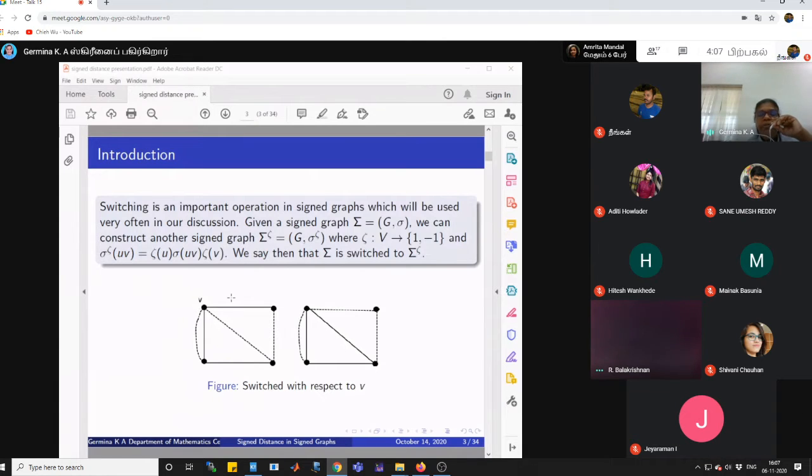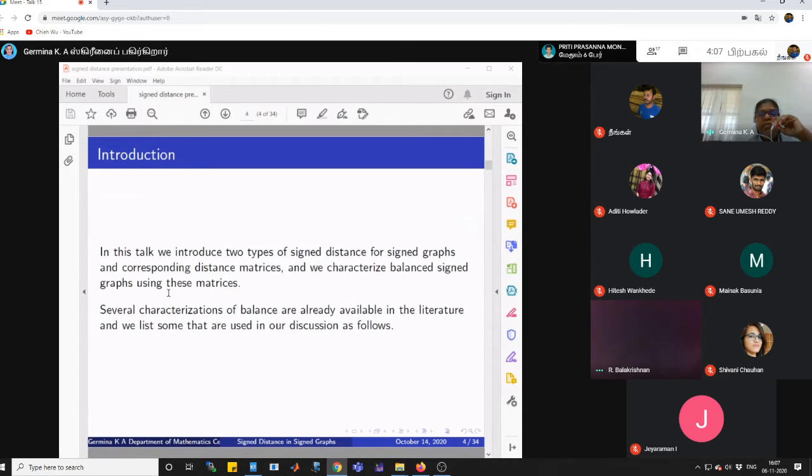Now, if we want to switch with respect to a subset of the vertex set, what would it be? Suppose X is a subset of the vertex set. Switching means you negate all the edges from X to X complement, that is, negation of all the edges in the cut set. This is another way of looking at the switching of a graph. Why is switching important?